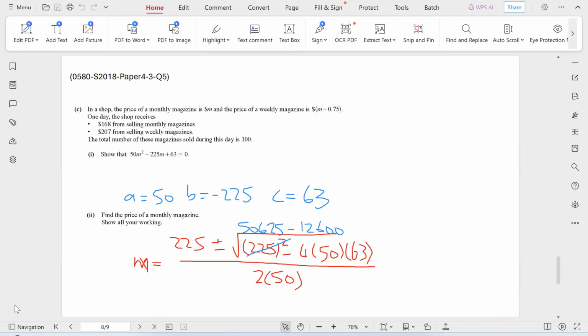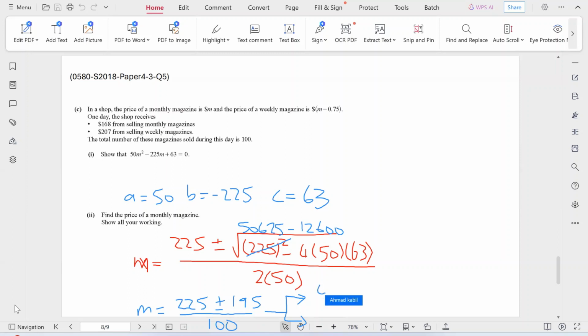So you get 195 after taking the square root. So m equals 225 plus minus 195 over 100. So this gives us two possibilities. 225 plus 195, that gives us 420.